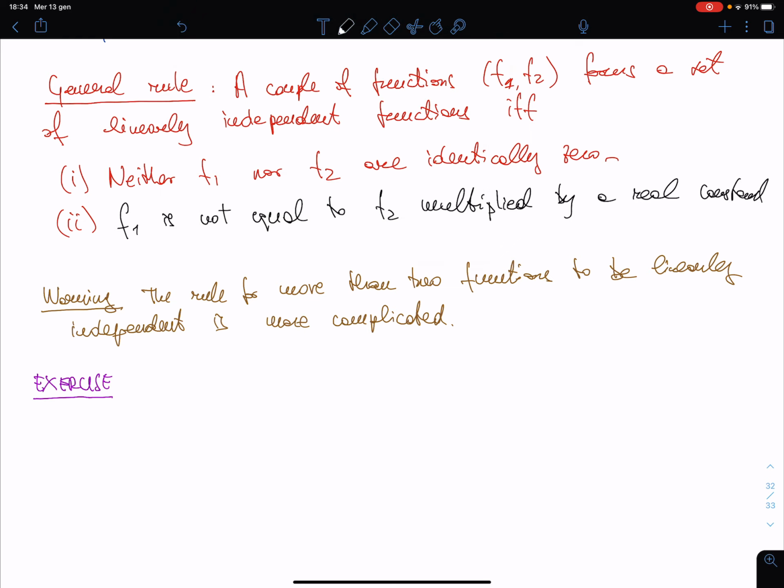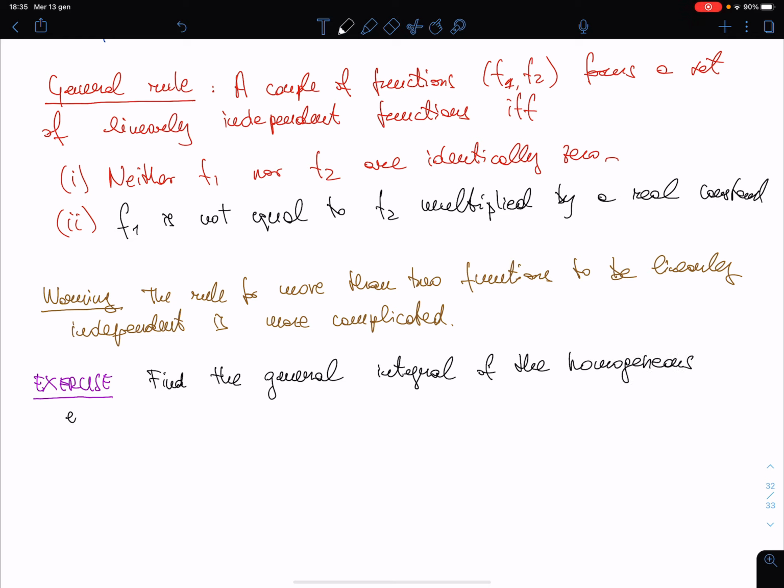Find the general integral of the homogeneous equation y second minus 3y prime plus 2y is equal to 0.